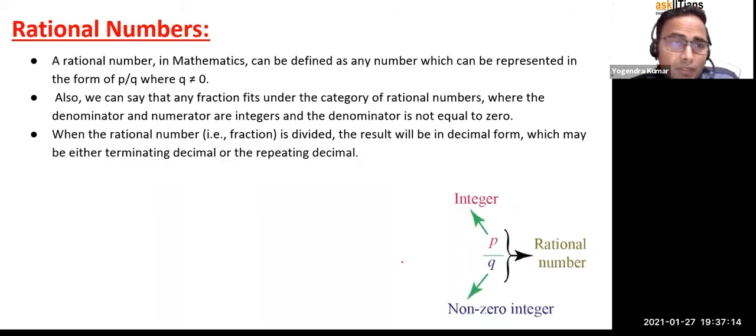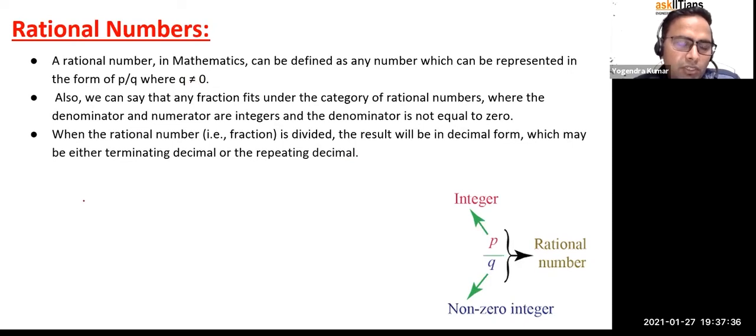This is very, very important, guys. What we need to learn now? Rational numbers. What are rational numbers actually? Any number which can be written in p by q form, any number which can be represented in p by q form, is called a rational number. There are a few conditions which we need to remember. Q should not be 0.